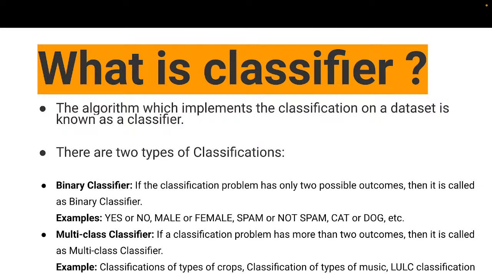So for binary class and multi-class classifiers, we need to use different algorithms. Further we will also discuss which algorithm is better for binary class and which is better for multi-class, and then we will use these algorithms to make the land use land cover classification.